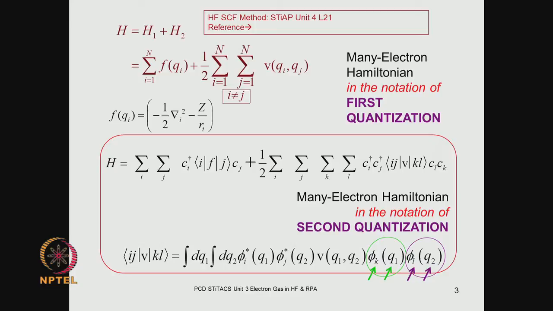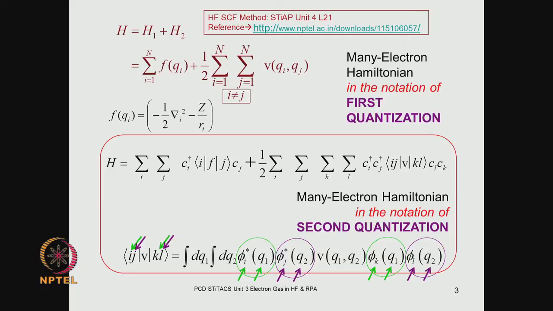So, Q1 is the argument of the single particle function for the quantum state k, and Q2 is the one for the quantum state L, because that is associated with the Q1 variable being associated with the quantum state I, and Q2 being associated with the quantum state j. So, one has to keep track of this. Yes, you can change them, but then you have to do it in a consistent manner.